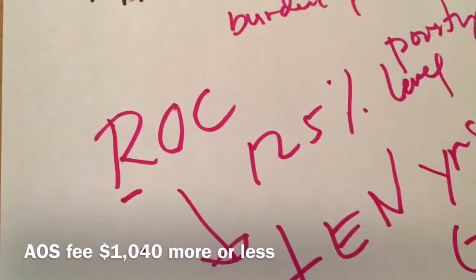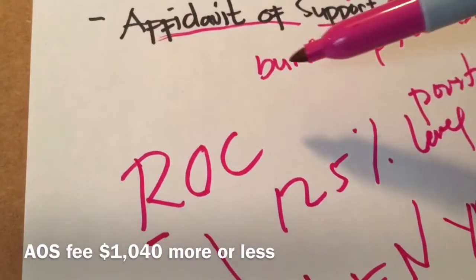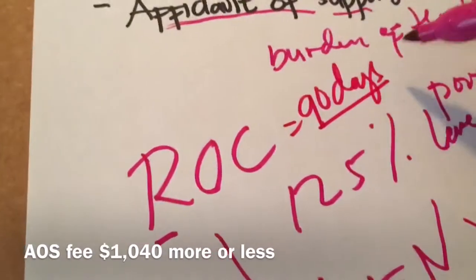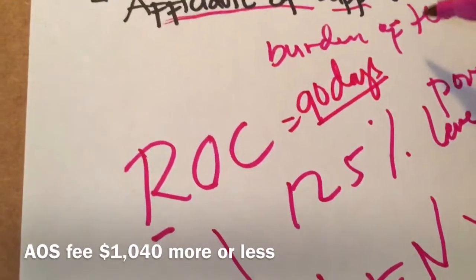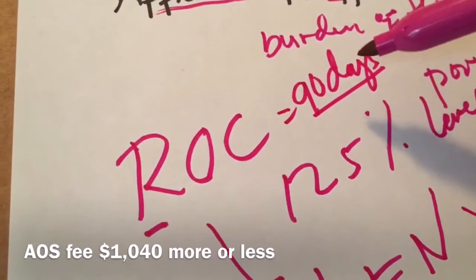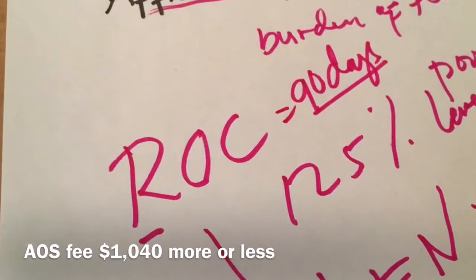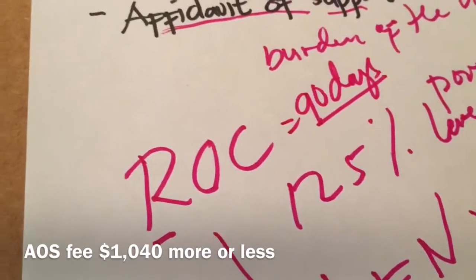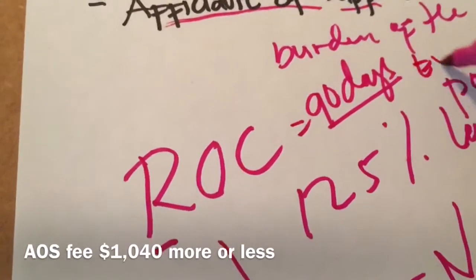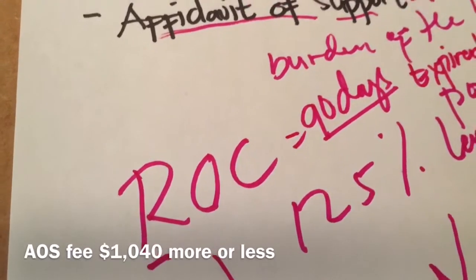Then how soon can you apply for ROC? You can apply for ROC 90 days before your AOS expires. It's a 90 days window before the expiration, and the date of the expiration should be written on the green card.